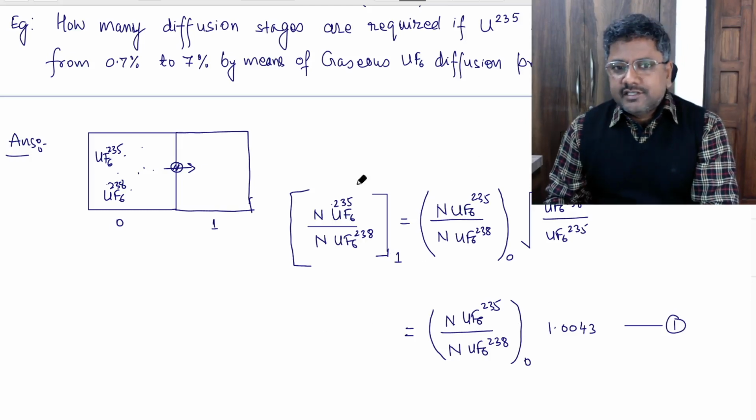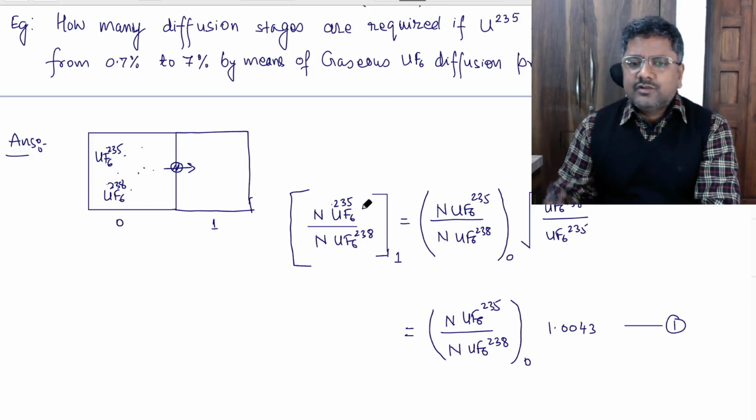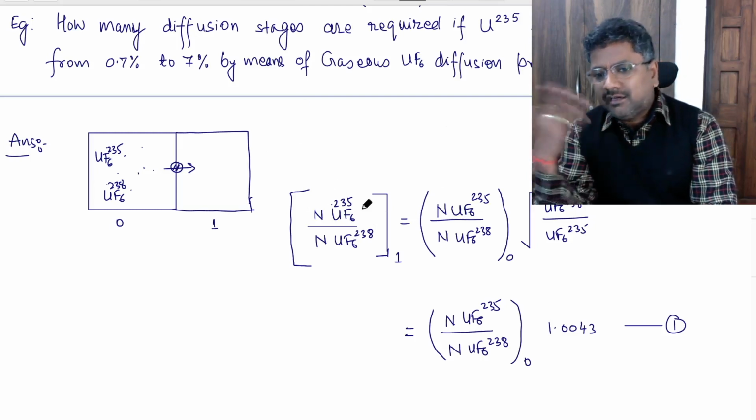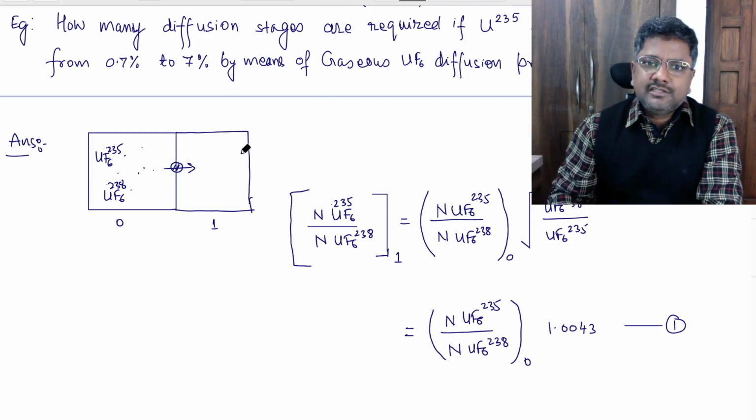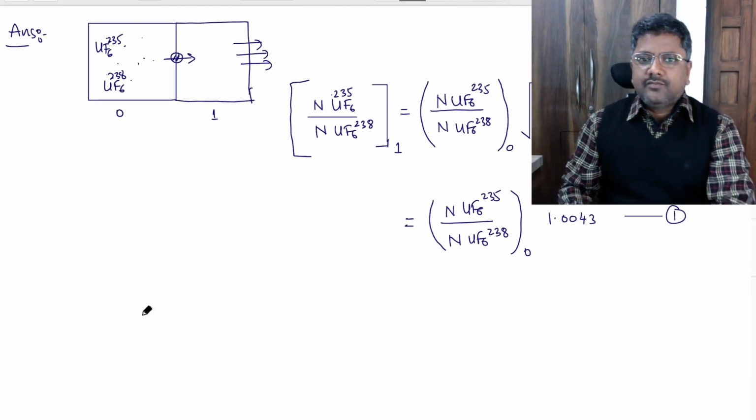Similarly, second stage, we do second stage, third stage, fourth stage, fifth stage. So let it be after any stage, right? So many stages we can carry out. So what we can write for the nth stage?